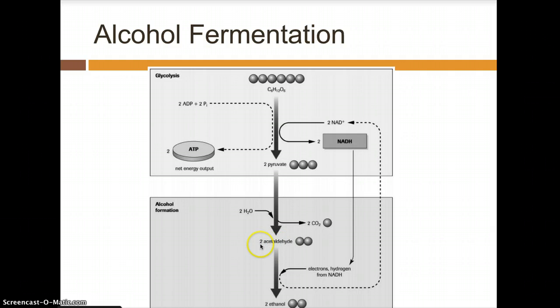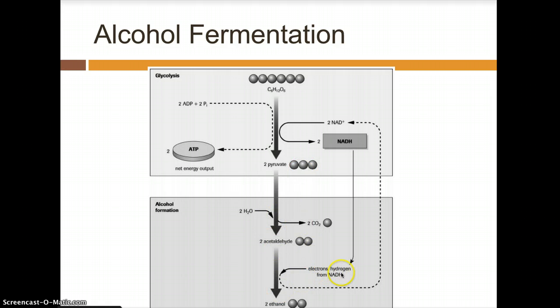Okay, then we have 2 acetaldehyde, which is this intermediate product created, and all you have to know about that is that it's a 2-carbon compound. Okay, so we removed 1 carbon from the pyruvate molecule here in terms of carbon dioxide, and it says 2 here simply because we have 2 pyruvate molecules entering this part of the cycle.